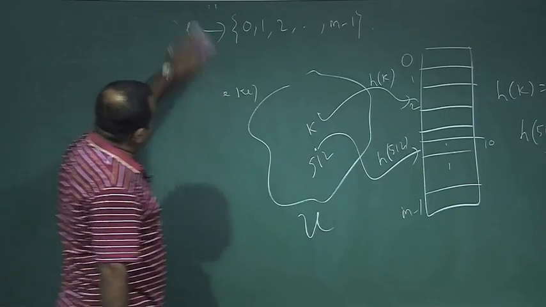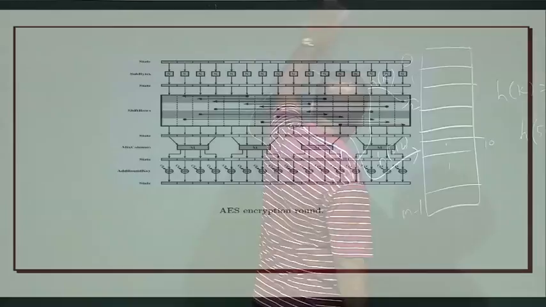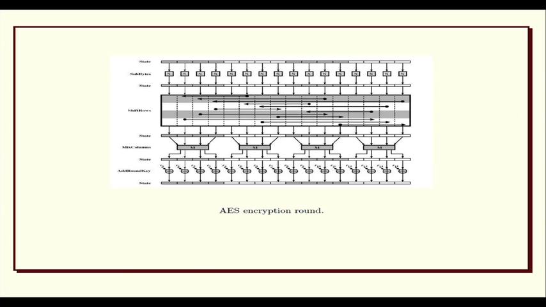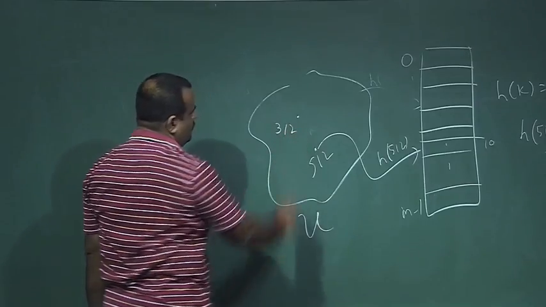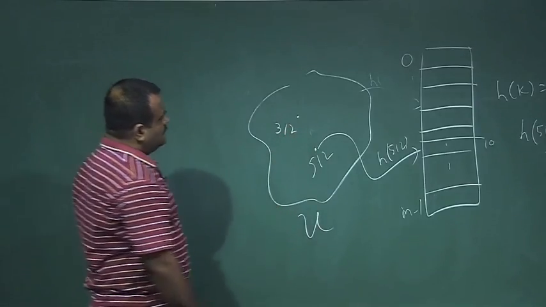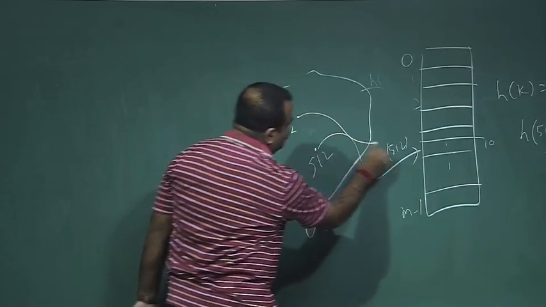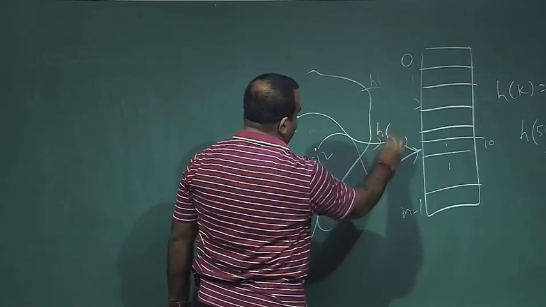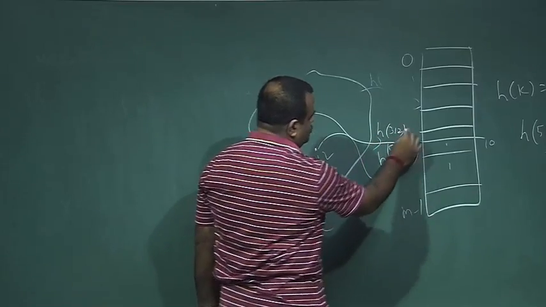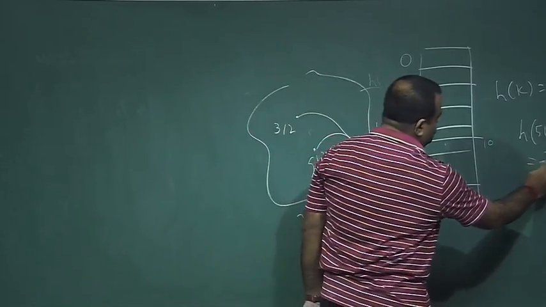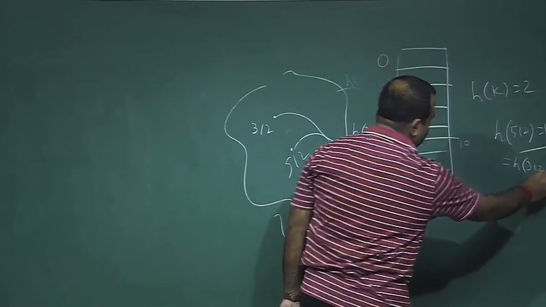Now, there is a problem with this method, which is called collision. Suppose we have this situation. Now we want to apply 312, and suppose 312 is also hitting here. So, h of 312 is also 10, the same as h of 512.